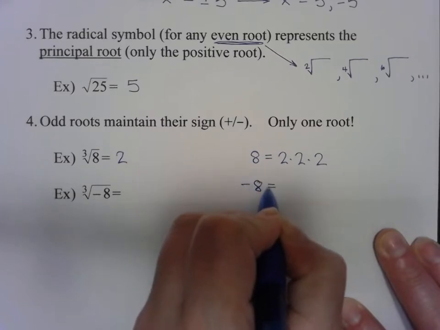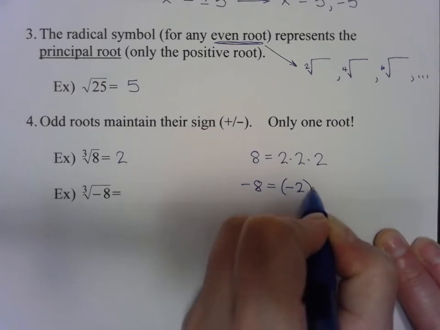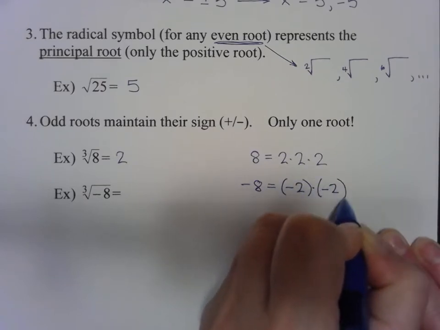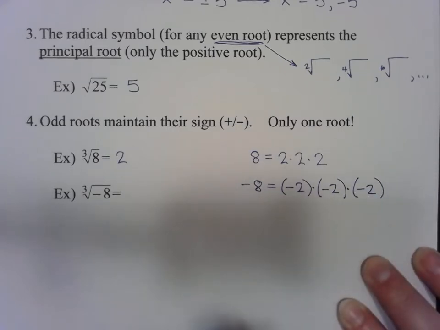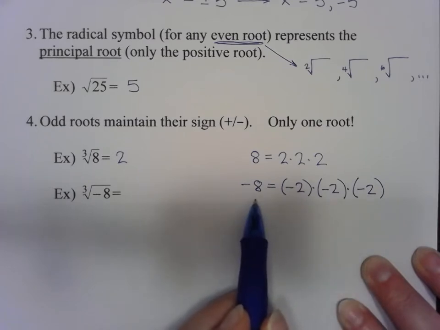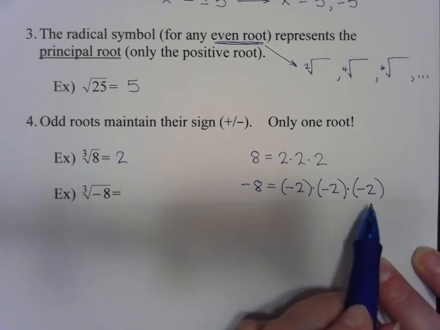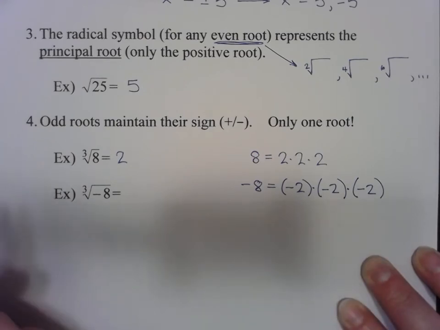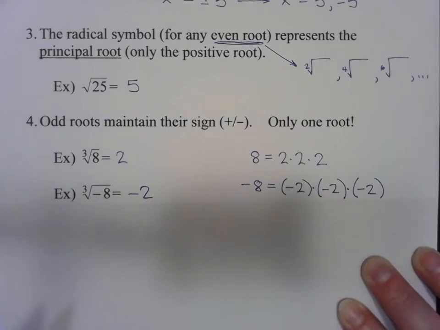I can take negative 8. Because of the way negatives and positives work, when I multiply them, I can break it into 3 negative pieces, because a negative times a negative times a negative is going to give me a negative result. And so because these are all equal, I can take one of 3 equal factors, and this becomes negative 2.